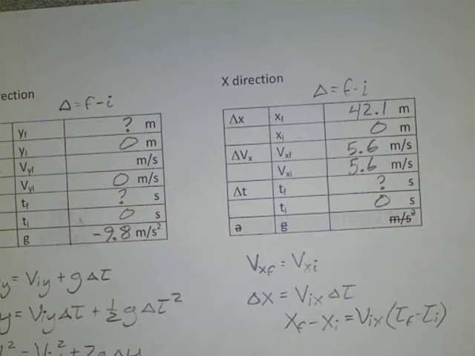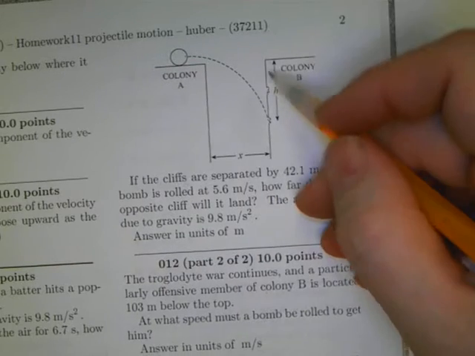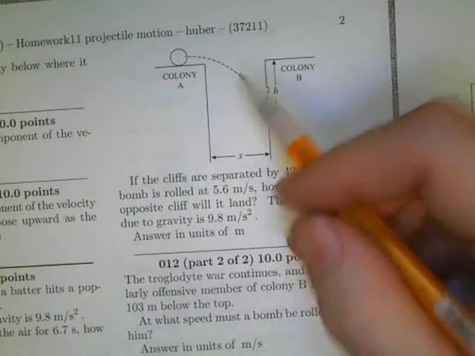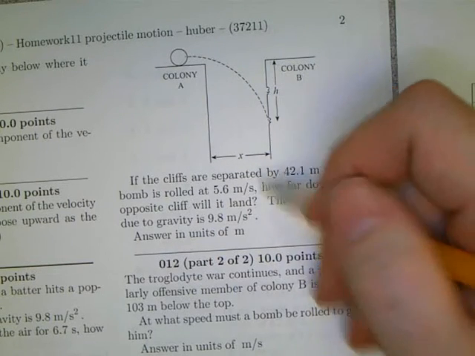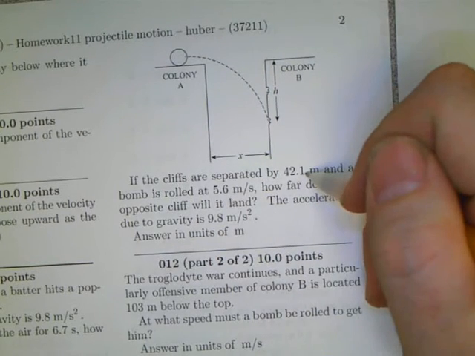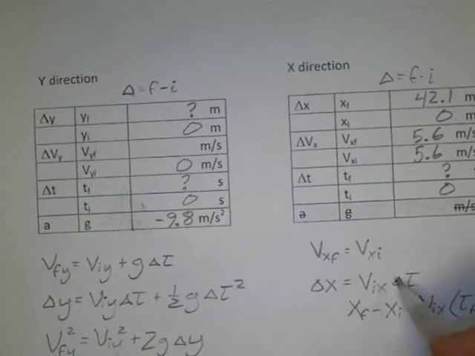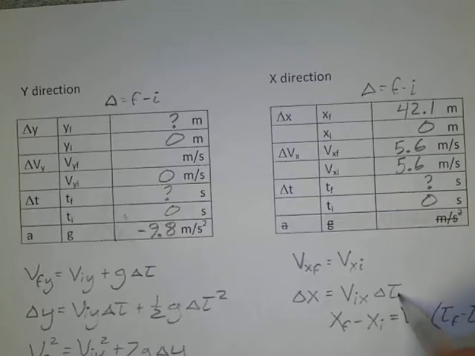Now, we want to calculate how far down it goes, but the one thing I know is that the sideways distance is 42.1, and it's traveling at a certain speed sideways. So I can use the right-hand side to calculate how much time it's in the air.